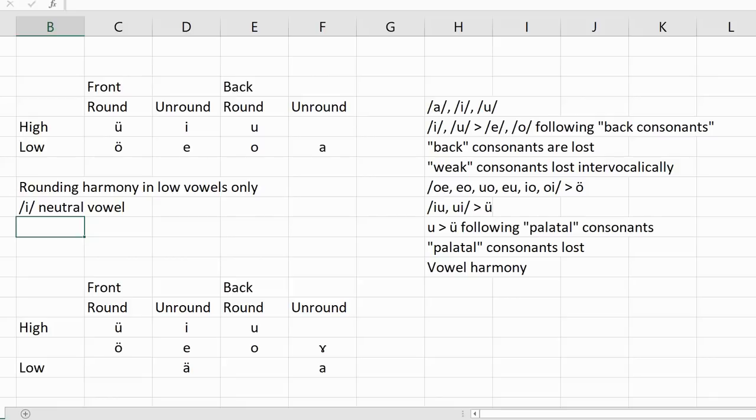Whereas in Manchu, any high vowel will block the spread of rounding harmony. And I know in Finnish, the E is a neutral vowel, and it is transparent to harmony, so I don't know, consensus seems to be that E is pretty likely to be transparent. I'm going to go ahead and say that E is transparent to rounding harmony.